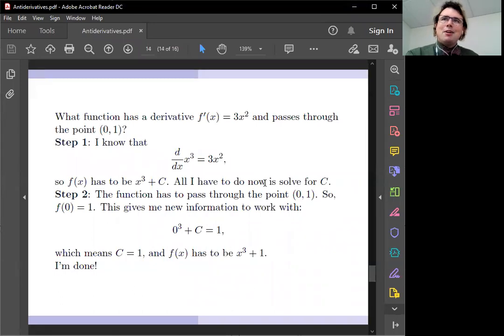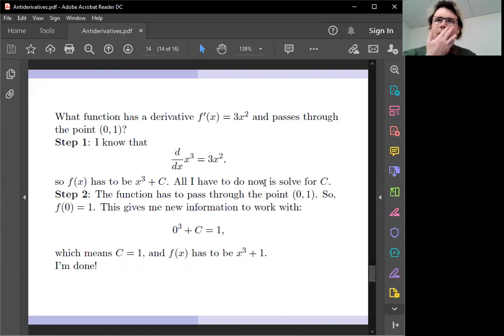I need only one more piece of information. I need the y-intercept of my antiderivative. That would be enough. Or any point on the curve, any coordinate that that antiderivative passes through.